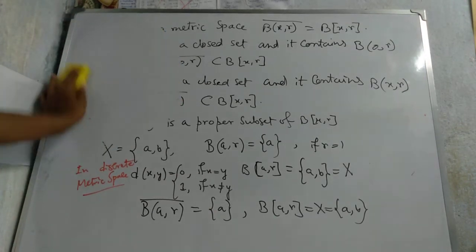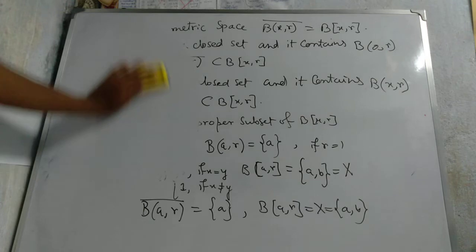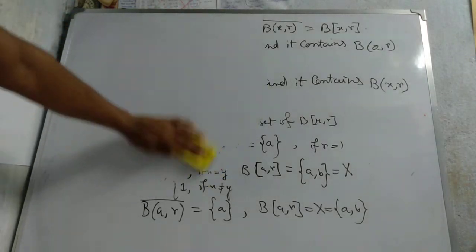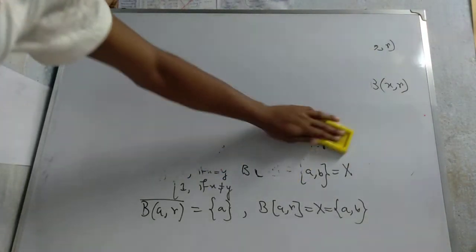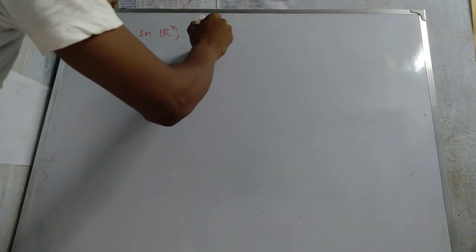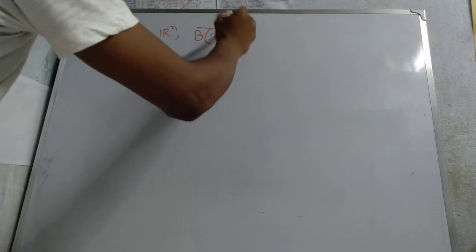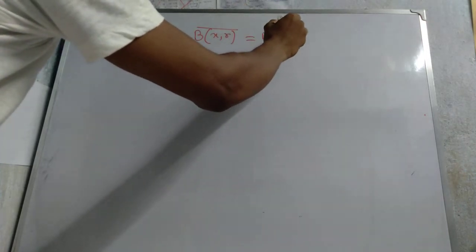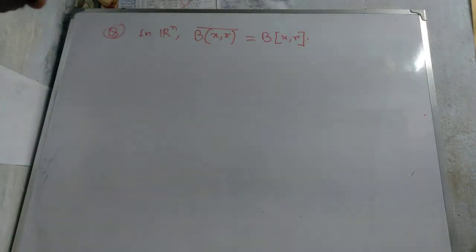In R^n, the open ball B(x, r) closure equals the closed ball B̄(x, r). How do we prove it? We prove it simply. Let us write this statement now: in R^n, the closure of the open ball B(x, r) equals B̄(x, r).